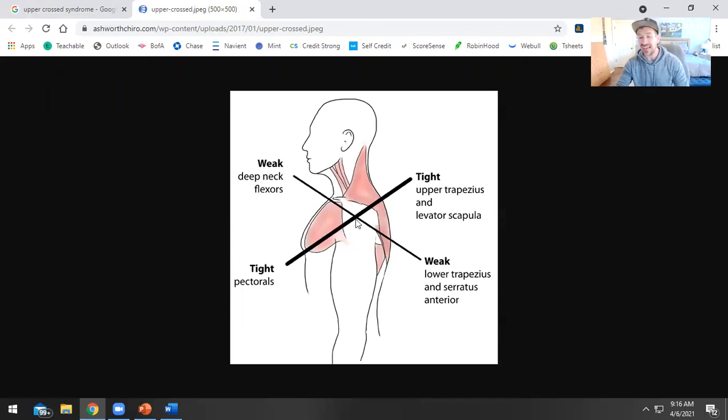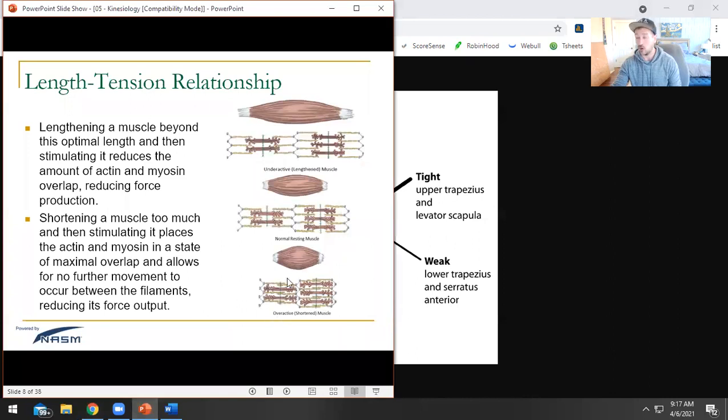So now we see tightness here in the upper back and the neck area, and tightness here in the chest area. What that does is pull those muscles and round them forward. And we see this kind of posture, right? And that is upper cross syndrome. Those are the tight muscles. These muscles are right here, already overlapped.